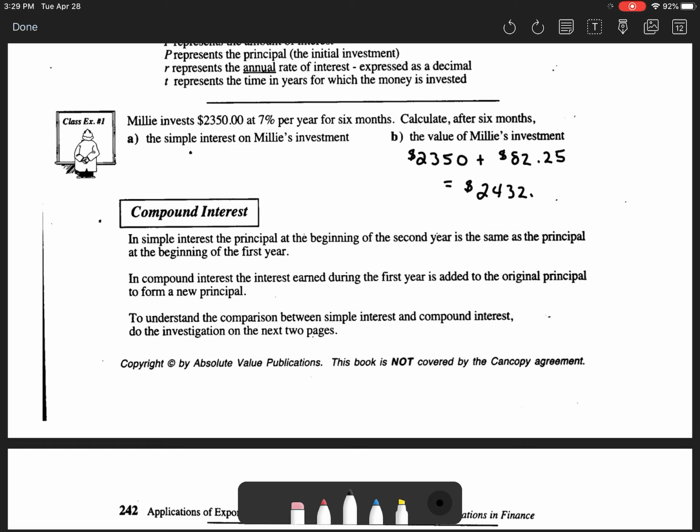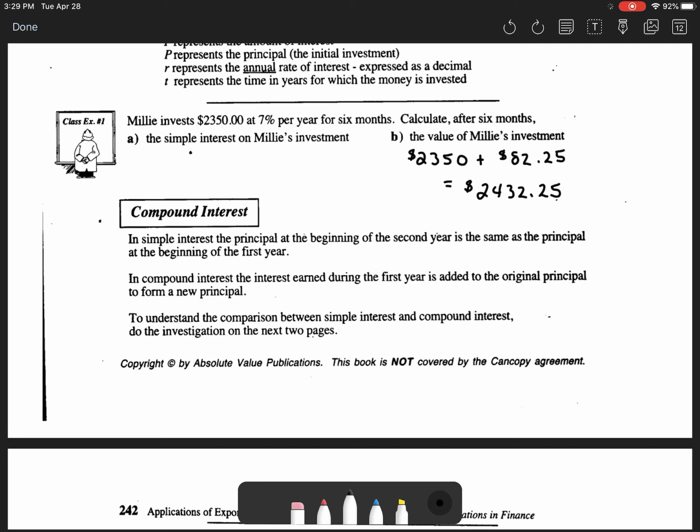So plus the interest, which was $82.25, and those two together come to $2,432.25. So there is the total value of her investment now, what she started with plus the interest that she earned. So, a very quick warm up on what simple interest is.